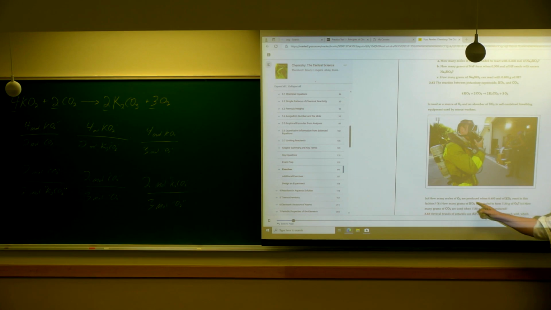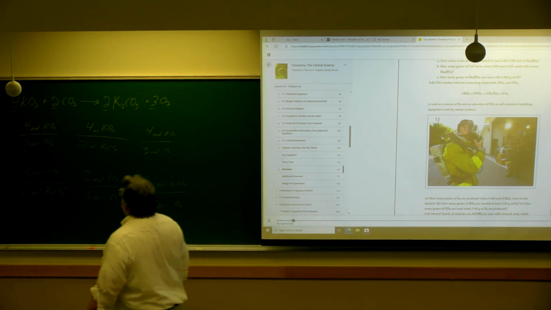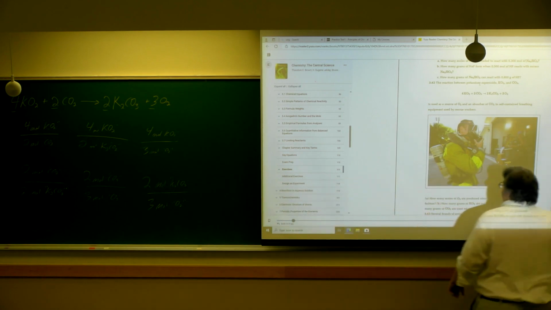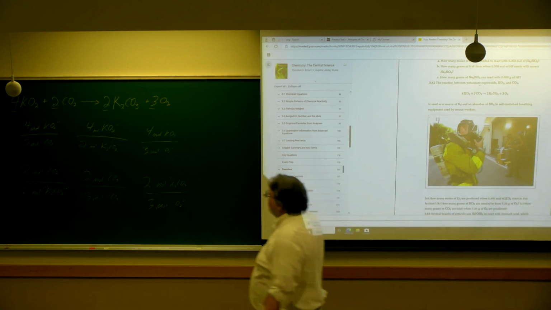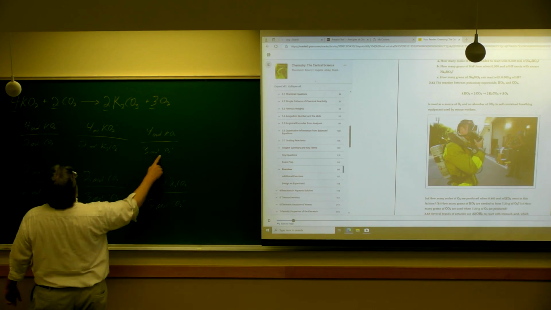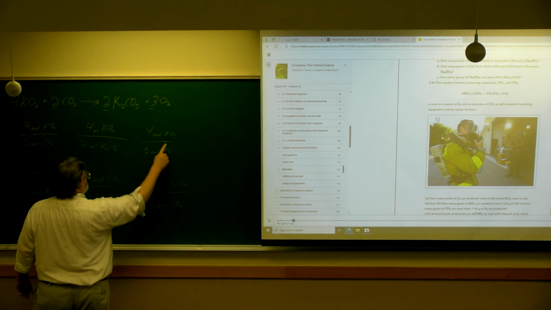How many moles of O2 are produced when 4 moles of KO2 is reacted? What do they ask? They're asking O2, the relationship of O2 to KO2. Where is it? At this one. So it's this one we need. O2 to KO2.